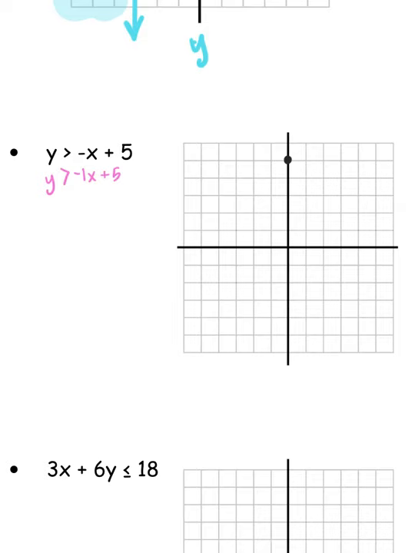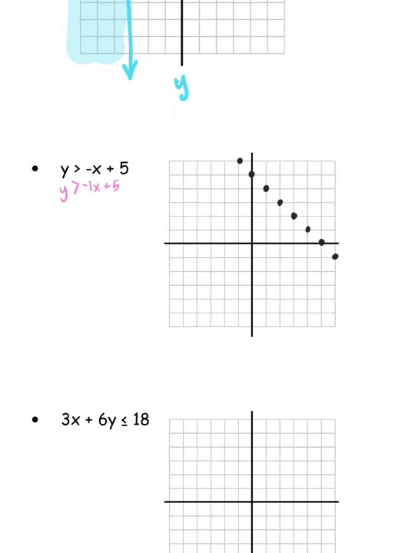And my slope is -1, so I'm going to go down 1 over 1, down 1 over 1, down 1 over 1. I can go up 1 to the left 1. And my line is going to be dotted because it is just greater than. There is no equal to sign. So I'm going to have a dotted line through my points. And it's greater than, which means I'm going to shade above the line. So that would be all of the points above the line.